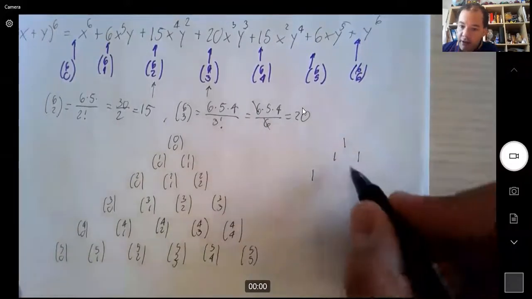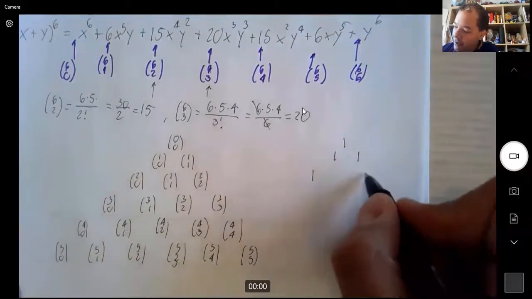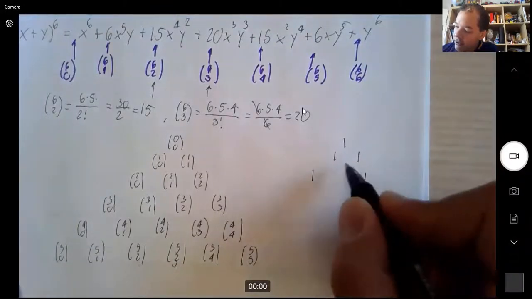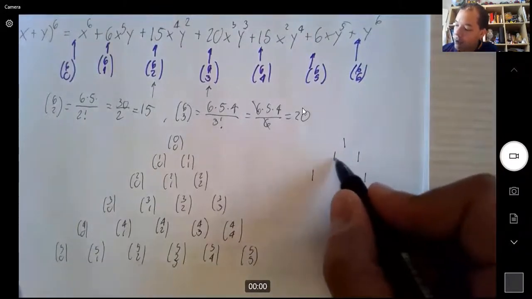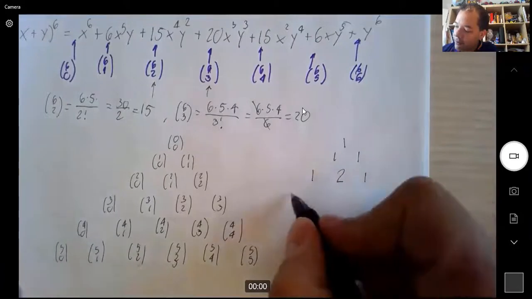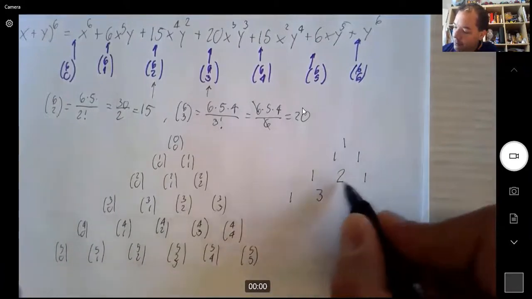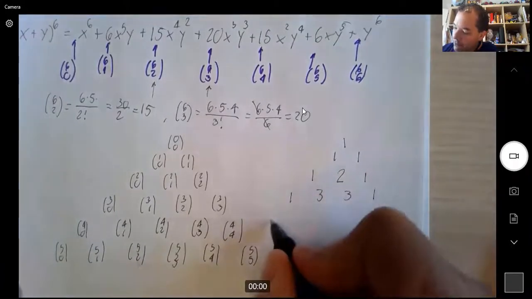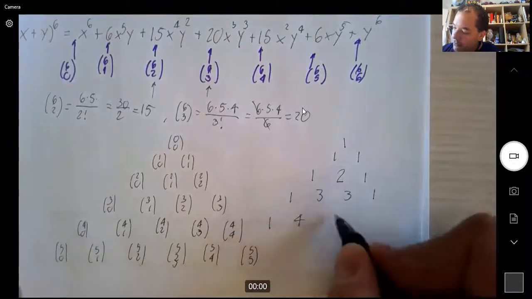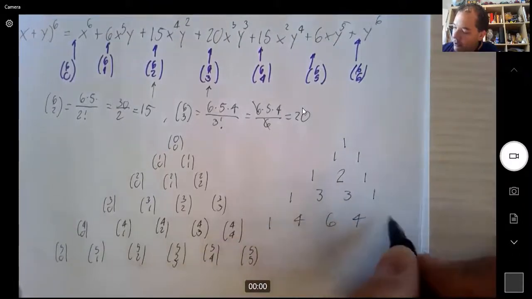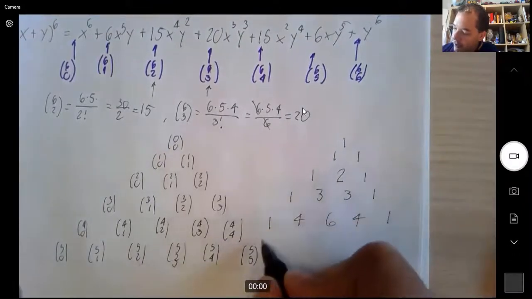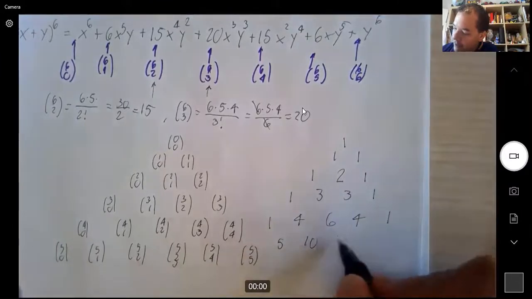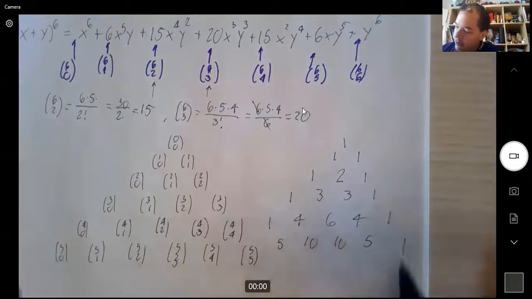And then if you want to find out the one that is here, you just take these two and add them. 1 plus 1, that's 2. So then it's like this. 2 plus 1, 3. 1. 1 plus 3, 4. 3 plus 3, 6. 4, 1. And then 5, 10, 10, 5, 1.